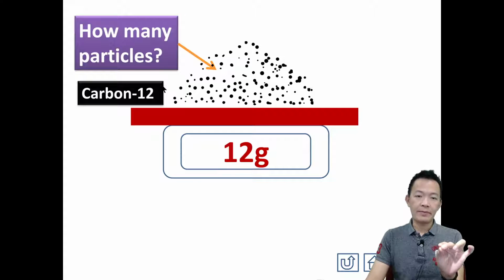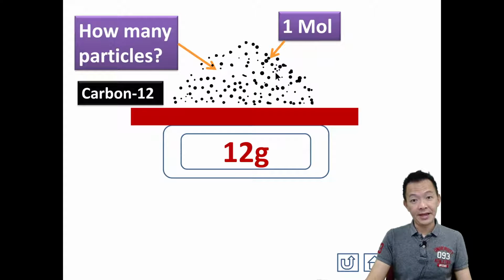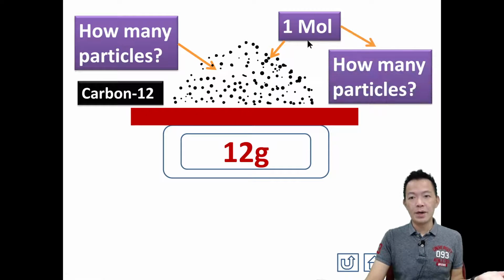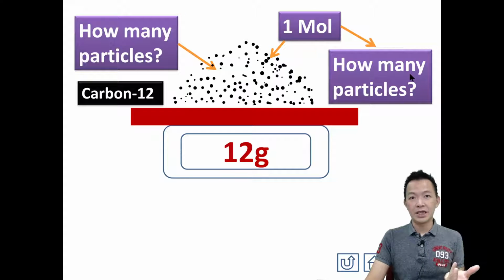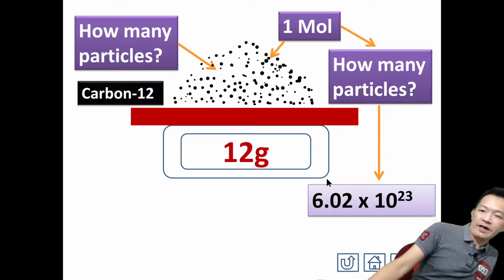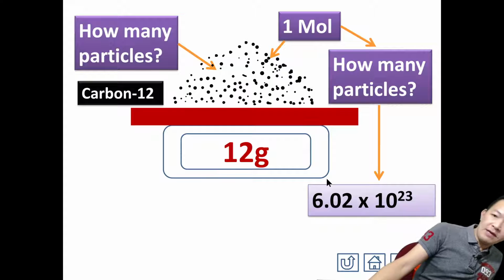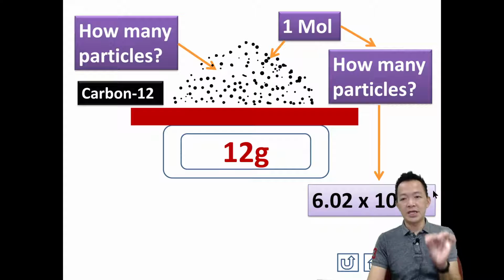In 12 grams of carbon 12 powder, it contains 1 mole of particles. 它里面有1 mole。Okay? But the problem is here, 1 mole, how many particles? 1 mole 到底是多少粒呢？I know, 我也知道。1 mole actually is equal to 6.02 times 10 to the power of 23 particles. 1 mole 里面就是有 6.02 乘 10 to the power of 23 particles.